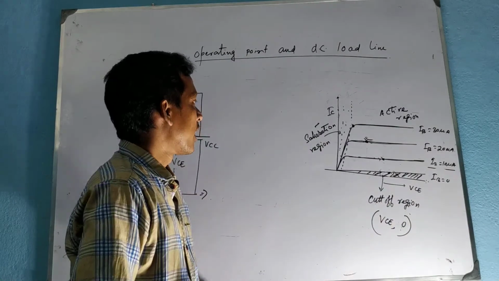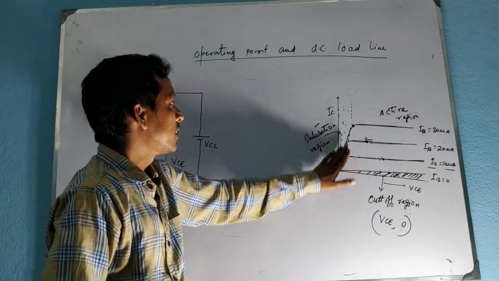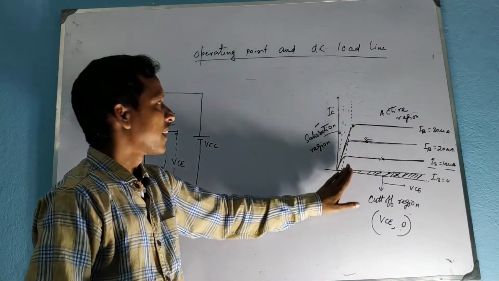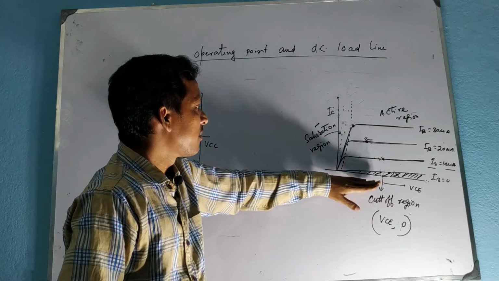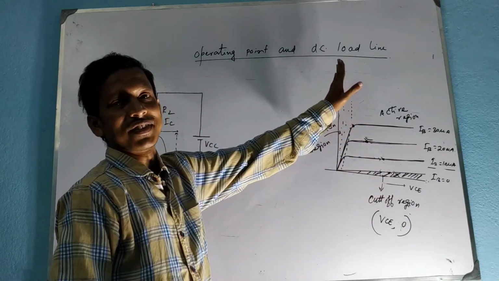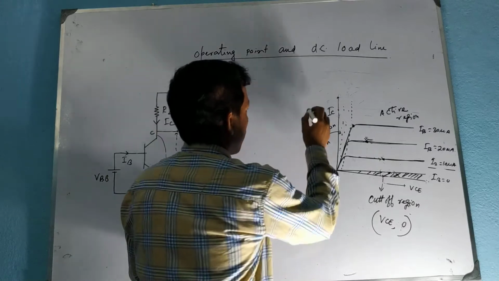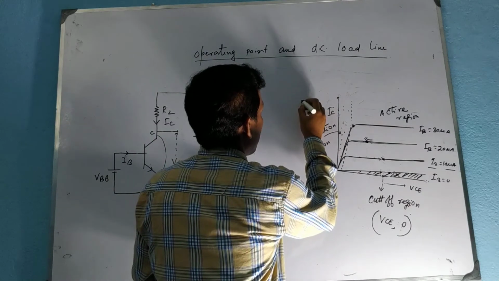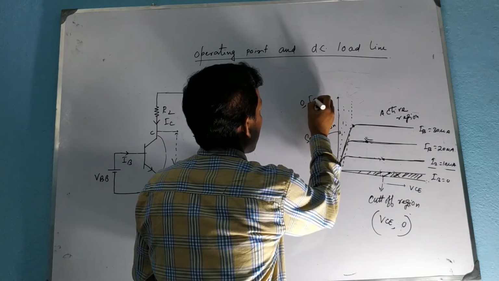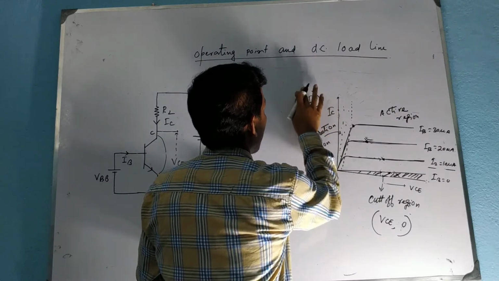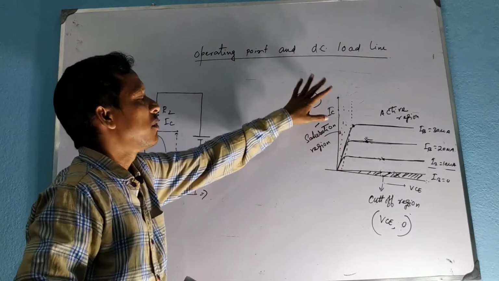This is another region, the saturation region, and in this region VCE is almost 0, very very small, and IC may be any value.